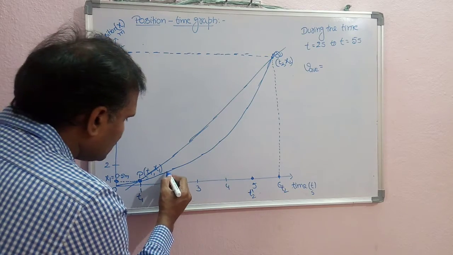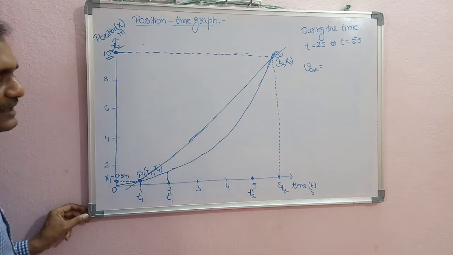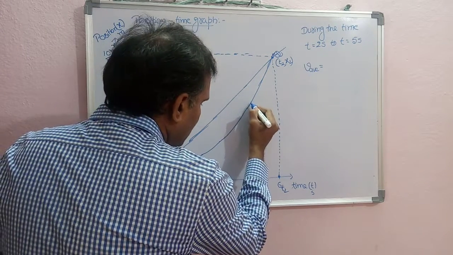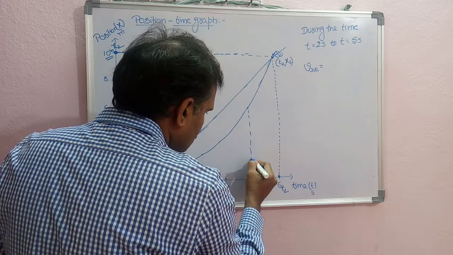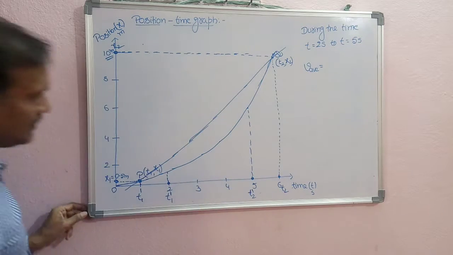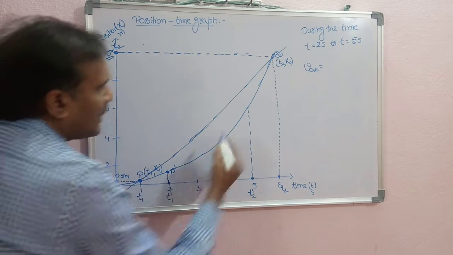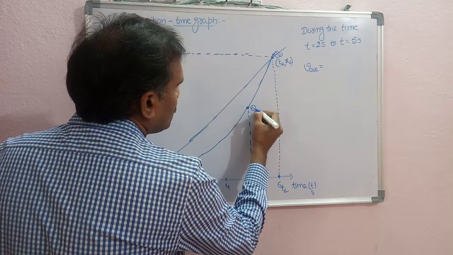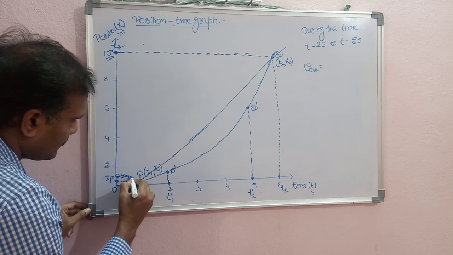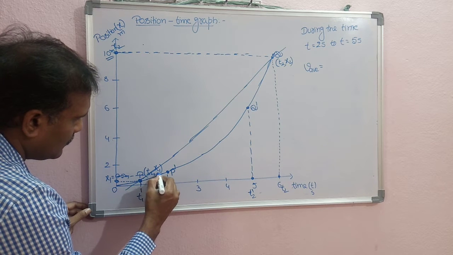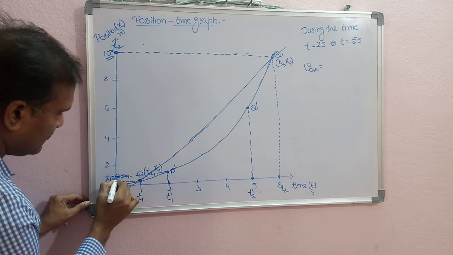Now, corresponding to this t1 dash, you can draw a line onto that curve. And corresponding to t2 dash, you can draw a line onto the curve. Now, this point is taken as P dash and this point is taken as Q dash. Now, from P dash, you can draw a line onto the position axis.